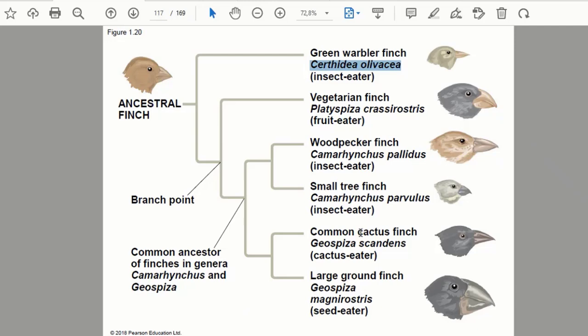So you see these ones that feed on seeds have a strong beak. Why is that? Because seeds are obviously harder, and they use their beak to feed. They are harder compared to insects. Insects are very soft in their diet.